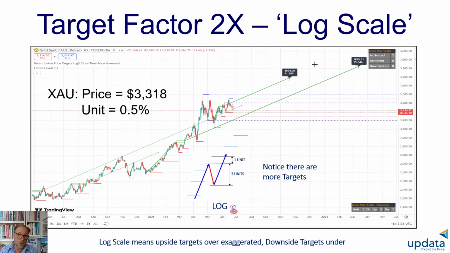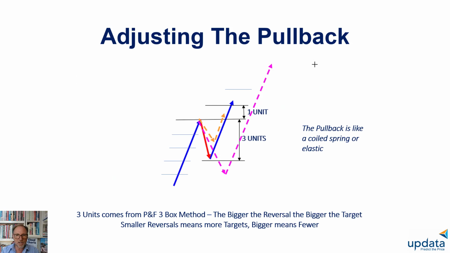And if you're using log scale, it will use 2 log, which means the targets will be more exaggerated to the upside and less exaggerated with the smaller box sizes to the downside. So that's a factor worth thinking about. You can adjust the pullback as well.